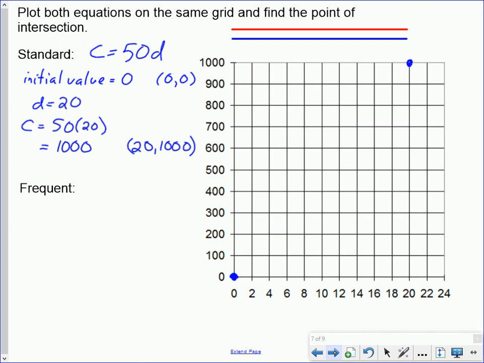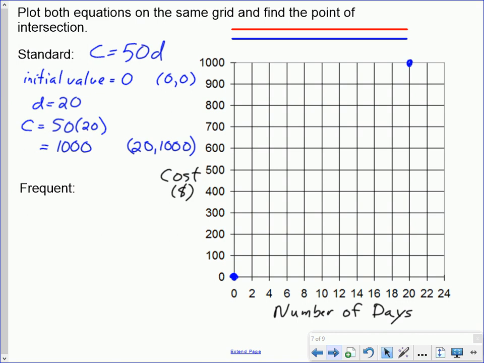Oh, and we forgot to label our axis. This across the x-axis is our number of days, because that's our independent variable. And up on the y-axis here is our cost in dollars, because that's our dependent.